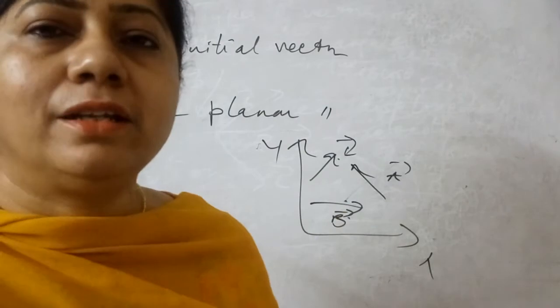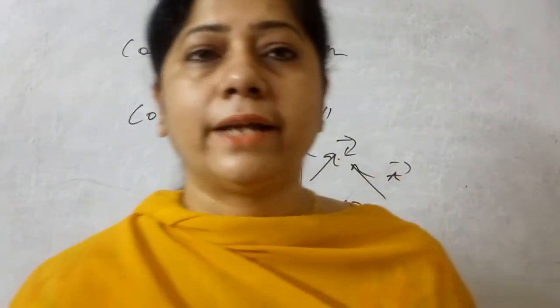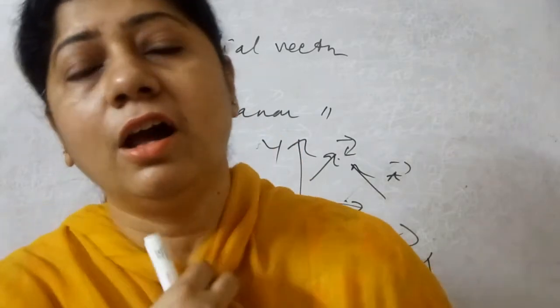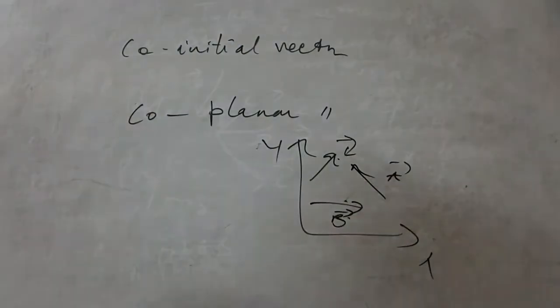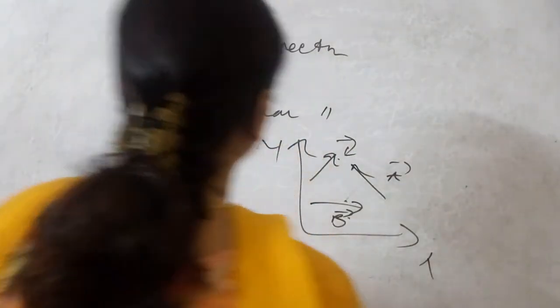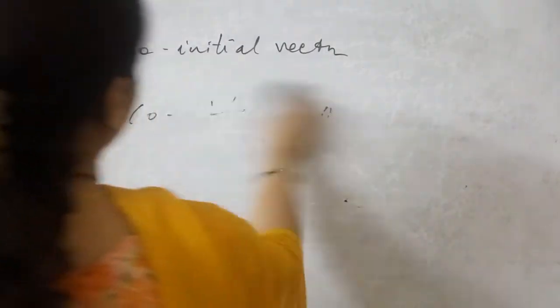Okay, so these are the different types, but one vector I definitely would like to do is the unit vector, because it is very important for you to understand, and once you understand the unit vector you can express any vector in terms of it. There are also equal vectors and negative vectors. Equal vectors have the same magnitude and the same direction.